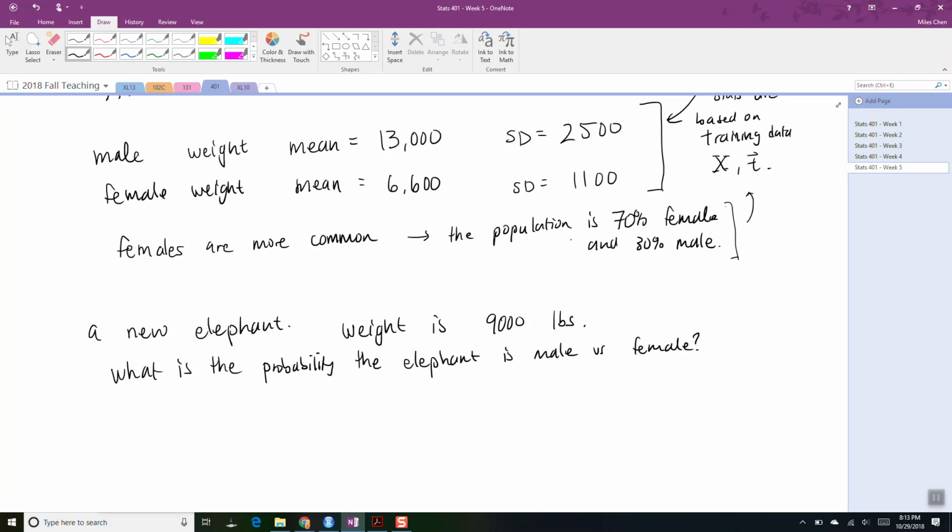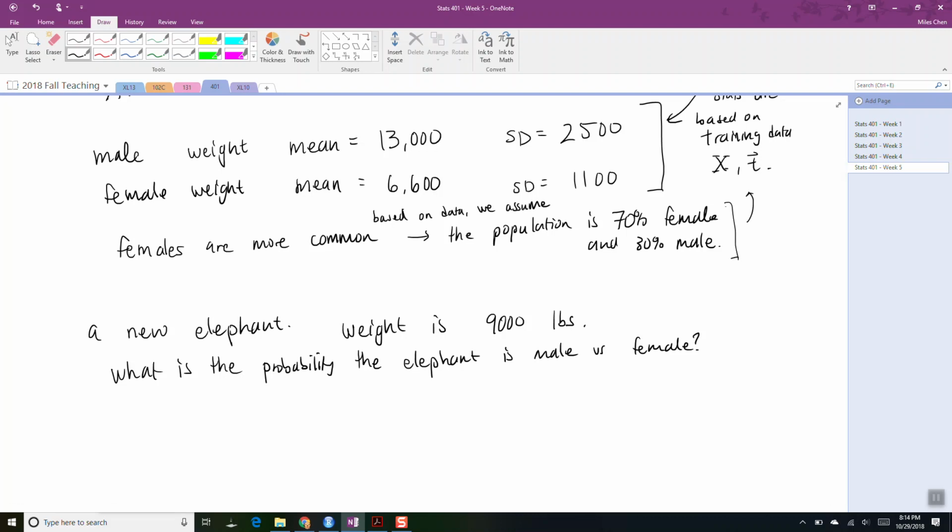I'll write, based on our data, we assume the population is 70% female and 30% male. Okay, so that's what we'll do.